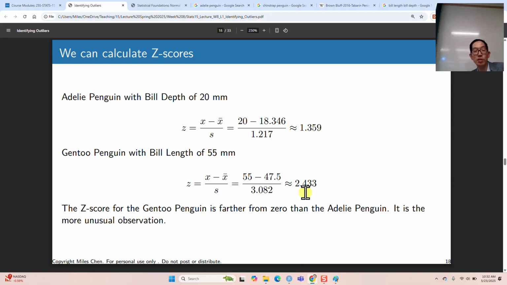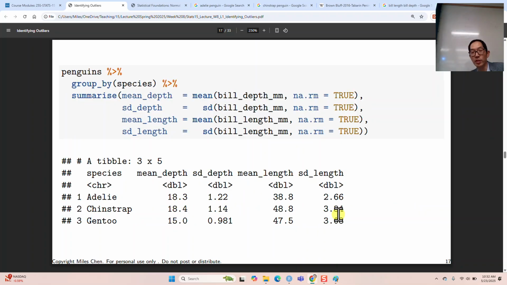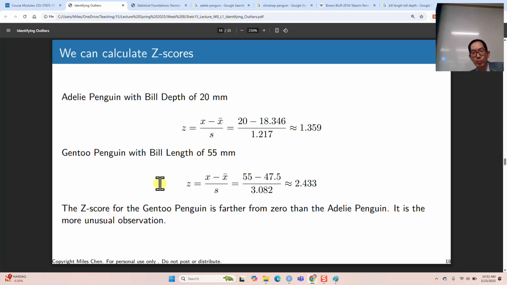Its z-score is farther away from 0 than the Adelie penguin's. So that would be the more unusual observation. You compare not just the direct value, but you divide by the standard deviation to see how many standard deviations away from the mean it is.